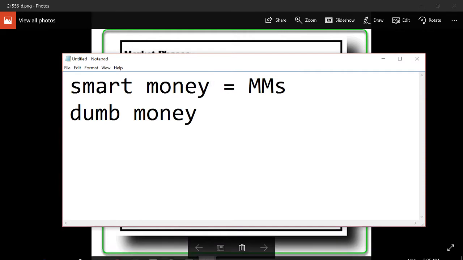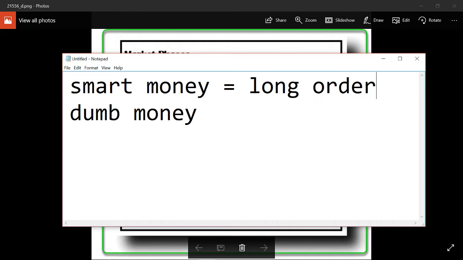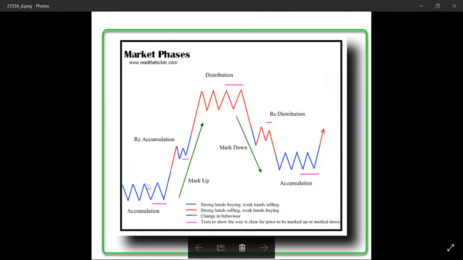The smart money group is placing long orders because they know the price will go up, and the dumb money group is placing short orders, expecting that price will go down.